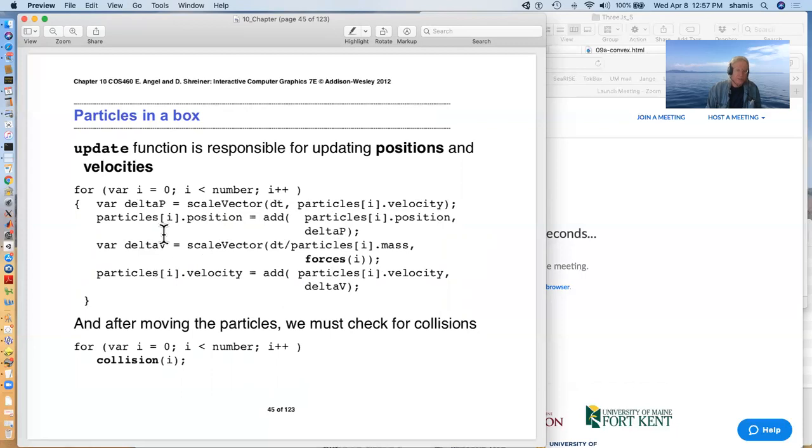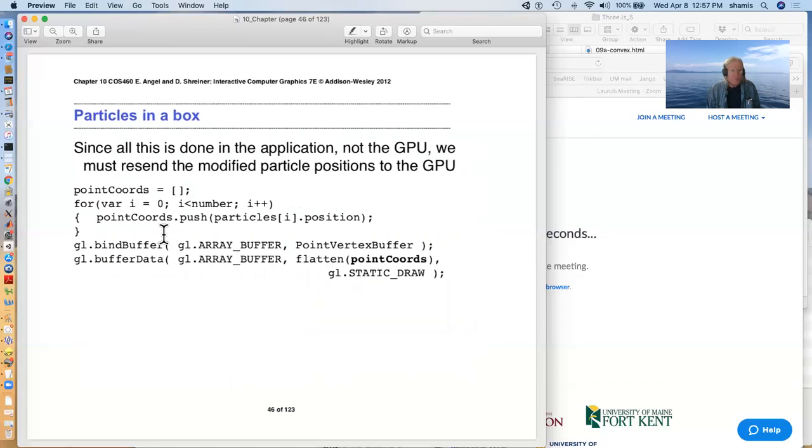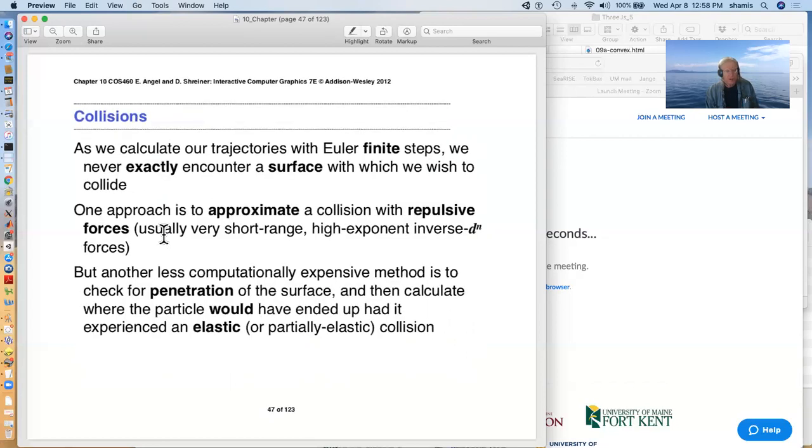So there's our numerical method. We might have to check for collisions. I'm doing this in the CPU rather than the GPU, so I have to update the coordinate positions here, calculating our trajectories with Euler steps.